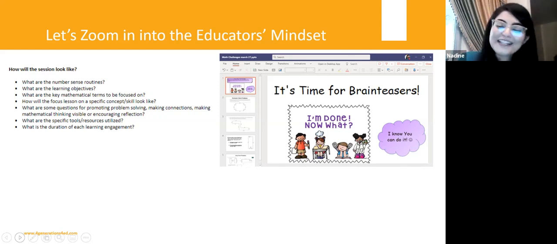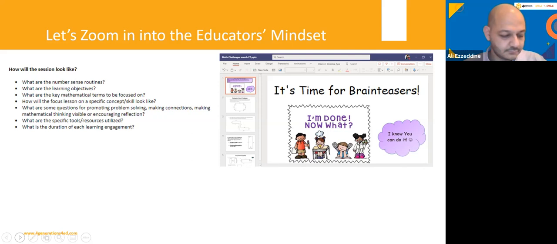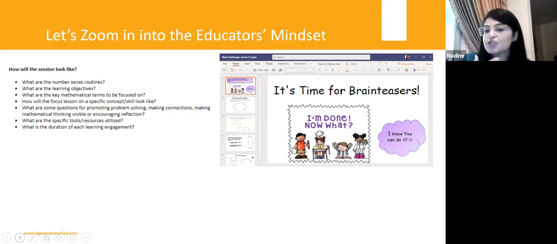Such channels included brain teasers and problem solving. It was a very successful collaborative tool for our learners, where they shared answers together and gave feedback to each other. But guess what? It was also a bridge for us, the educators, to interact with the children, to make our mathematical thinking visible to them, to share these strategies, to give them feedback, and to acknowledge their work.